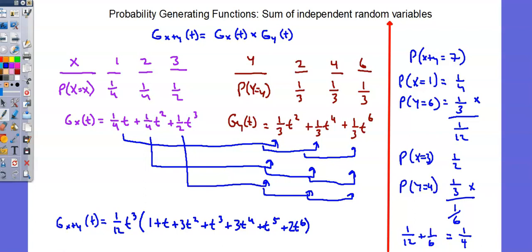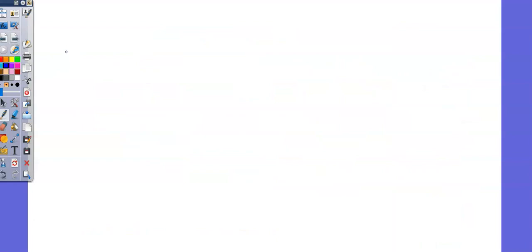Now let's look at a probability distribution for the sum of x and y. X plus y, and the probability that the variable x plus the variable y gives the particular result x plus y.